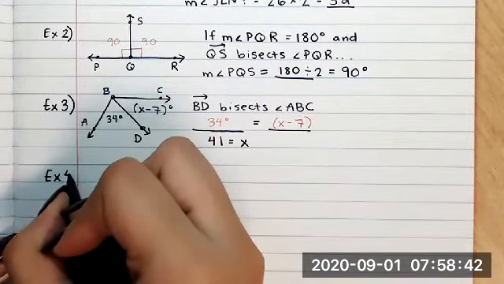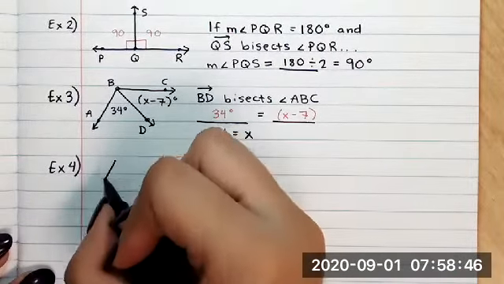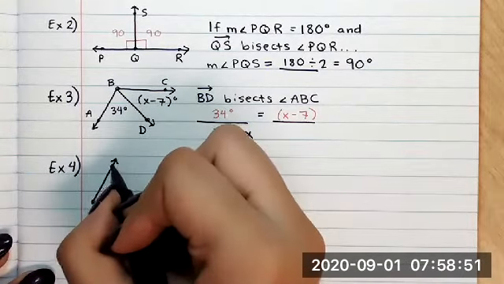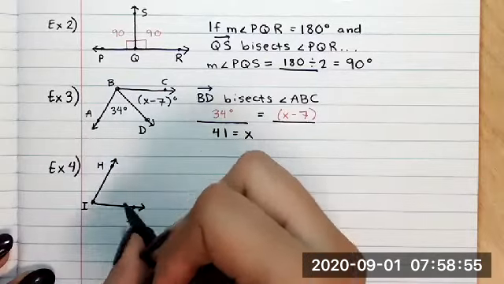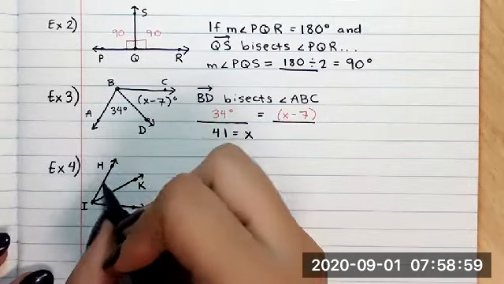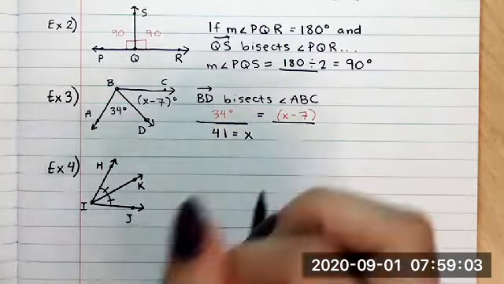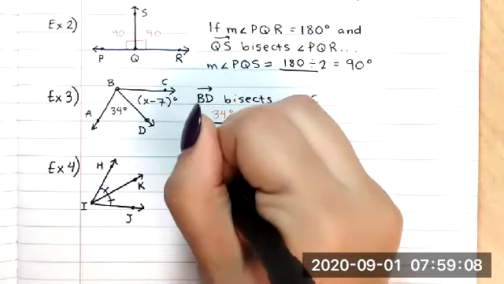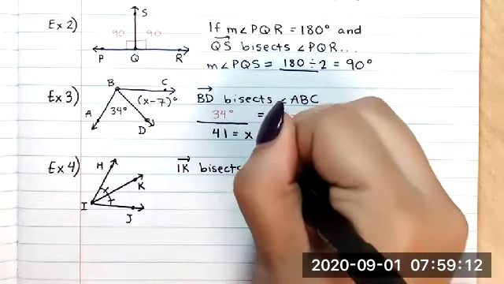Let's do one last example for today. H, I, J, and K. So ray IK bisects angle HIJ.